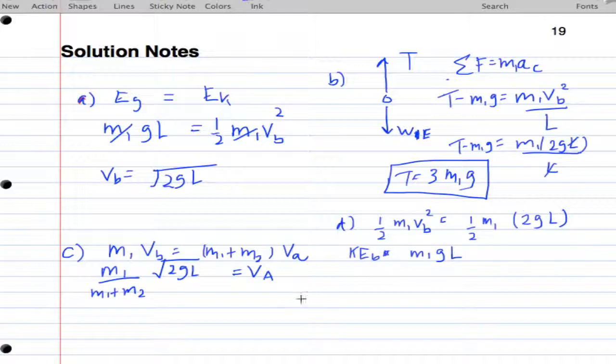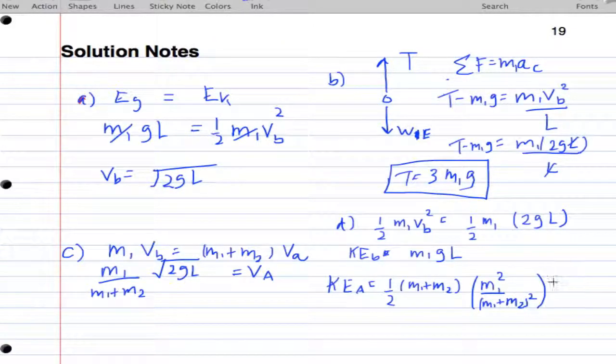Now let's go ahead and get the kinetic energy after they collide. This is going to be a little trickier because we have this whole messy expression. So the kinetic energy after is going to work out to be 1/2 times m1 plus m2 times m1 squared over m1 plus m2 squared times 2gL.